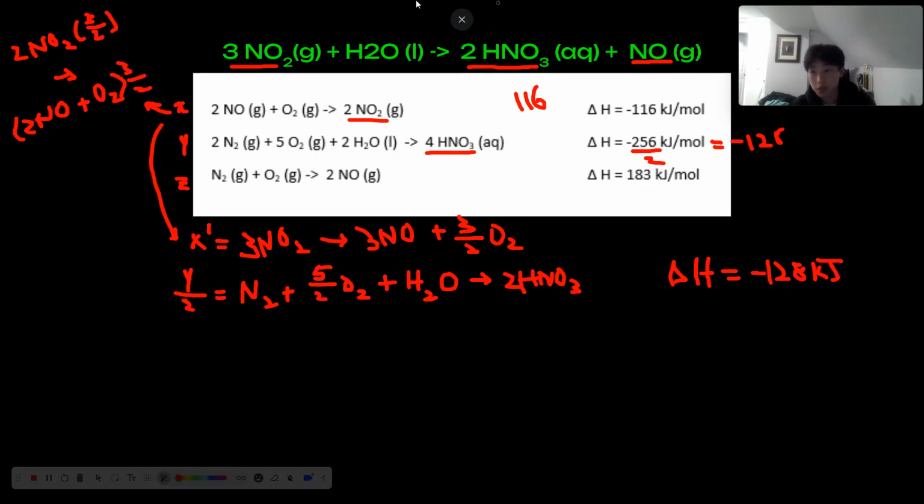And because we multiplied our reaction by 3/2, we must do the same for 116, which is the same as 1.5. If I do this calculation here, it will result in 174 kilojoules. Let me just write that down here.